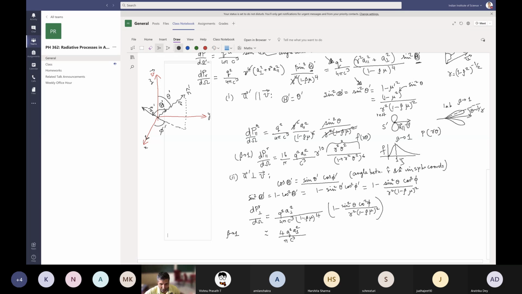So now we have to just write this 1 minus beta mu in this limit, when theta is close to 0 and beta is close to 1.